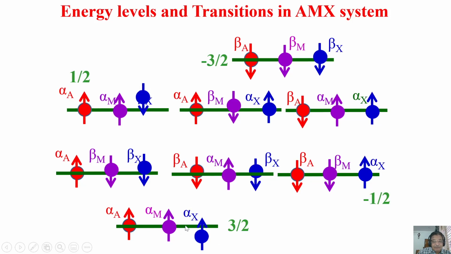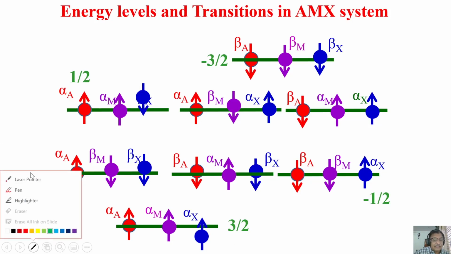But when this spin is undergoing transition, or flipping of the state from alpha to beta or beta to alpha, these two spins have the same state and will not get disturbed. This alpha A remains alpha A, alpha M remains alpha M. So only this transition is for X, because that is changing the state. Remember, for the transition, the spin has to undergo transition from alpha to beta or beta to alpha state. Otherwise, the transition cannot be seen. You understand this one.